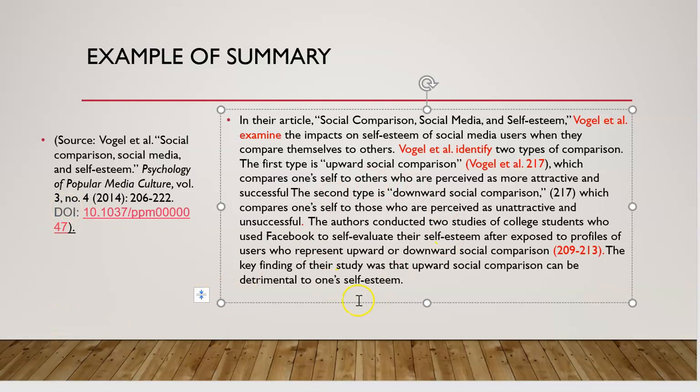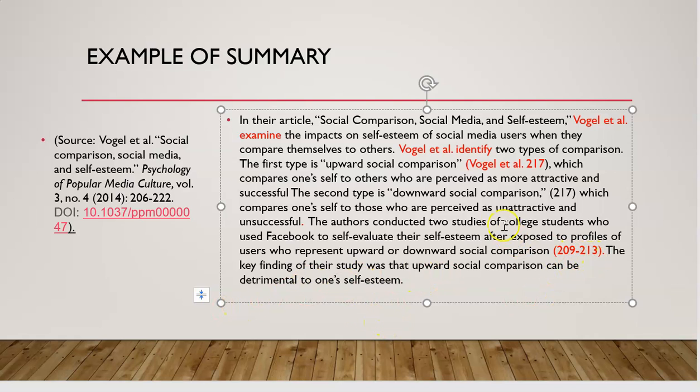And that's basically your summary. So it's condensing everything down into a very concise paragraph and clarifying any information or conveying it as clearly and simply as possible, so it's easy to understand. So yeah, that's basically a summary.